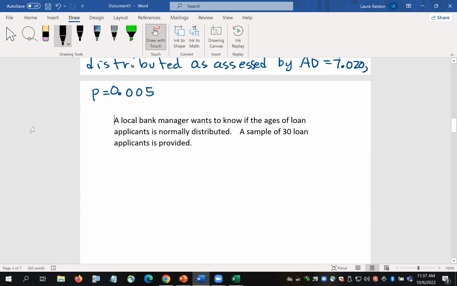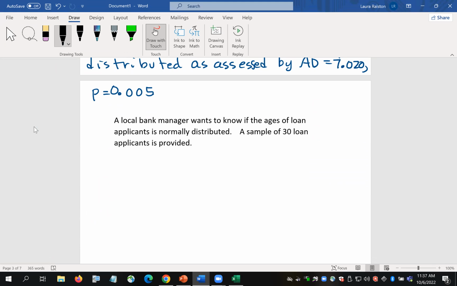Okay, the second example says a local bank manager wants to know if the ages of loan applicants is normally distributed, and a sample of 30 loan applicants is provided. Now, I will say a normality test doesn't always have to do with ages. It just so happens that the two examples that I pulled have to do with age.